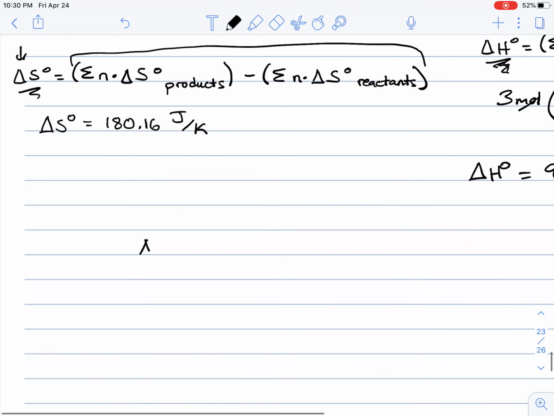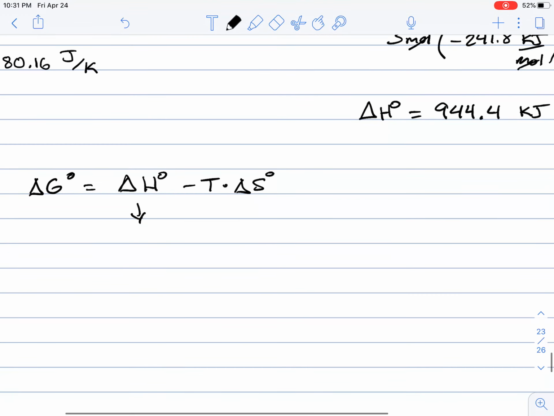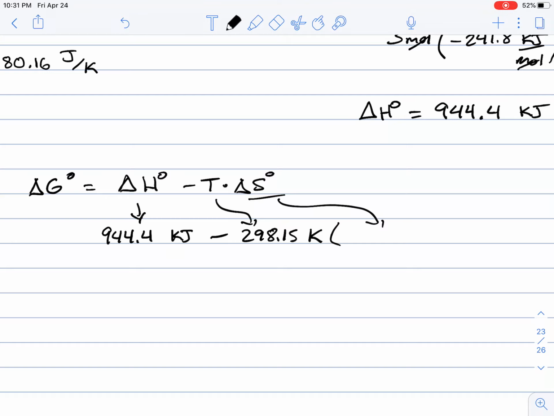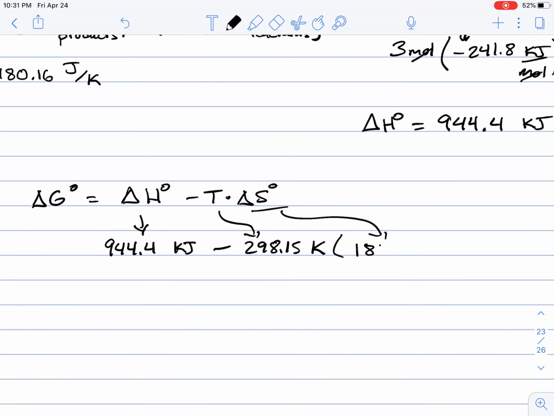Here I have delta G is equal to delta H minus T delta S. So this value is going to be 944.4 kilojoules minus temperature, which is 298.15 Kelvin, multiplied by entropy, which is 180.16 joules per Kelvin.